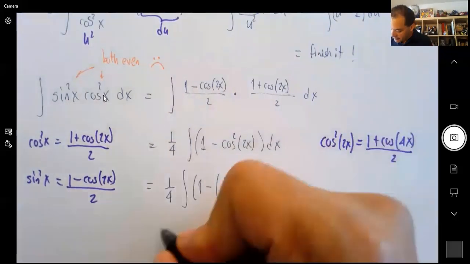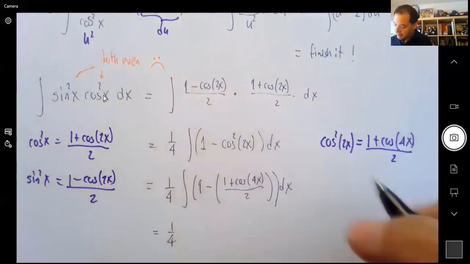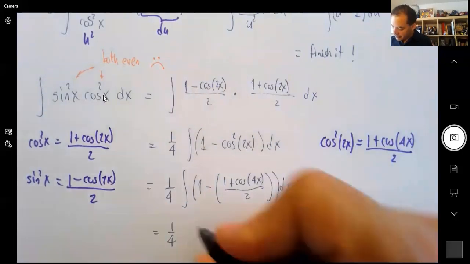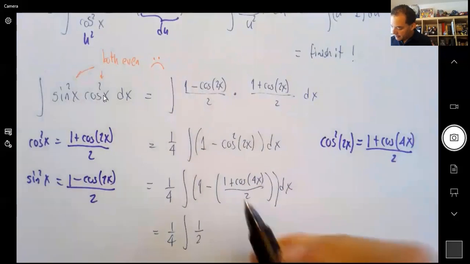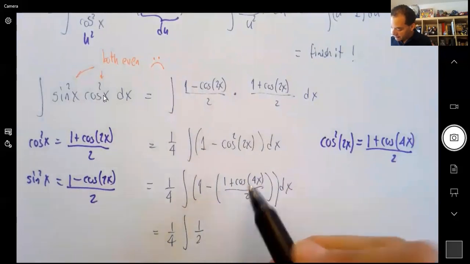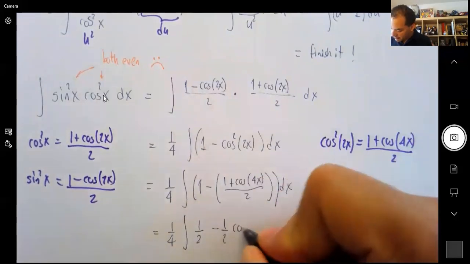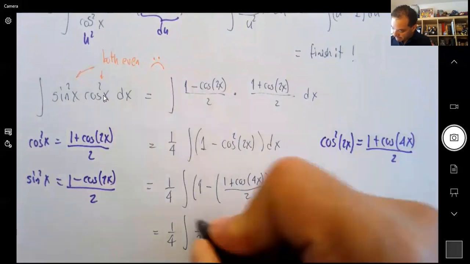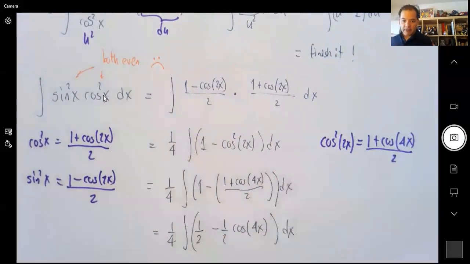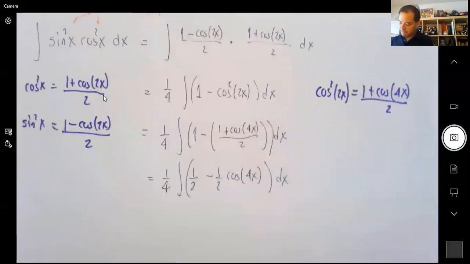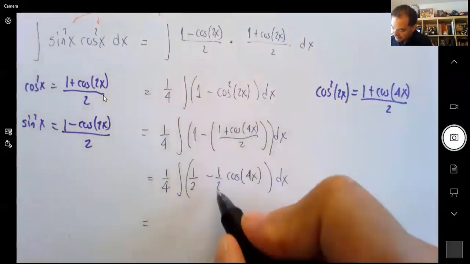Now I can simplify this. This will be 1 minus a half is a half, and then the other is minus a half of cosine 4x. And now I can integrate. In fact, let's take the half out.